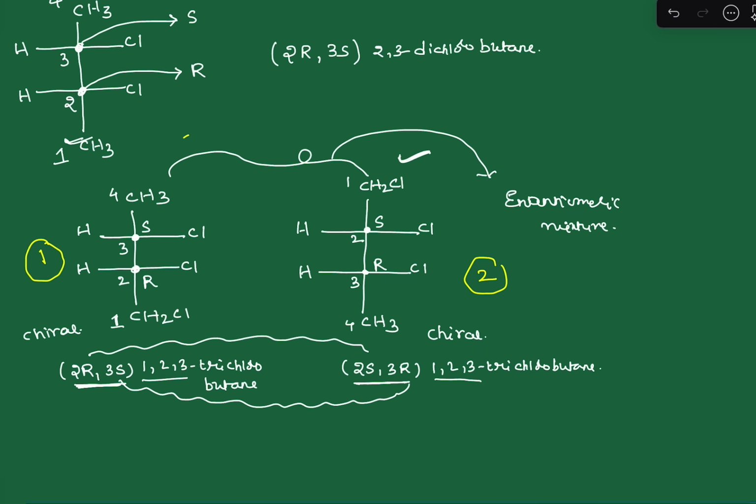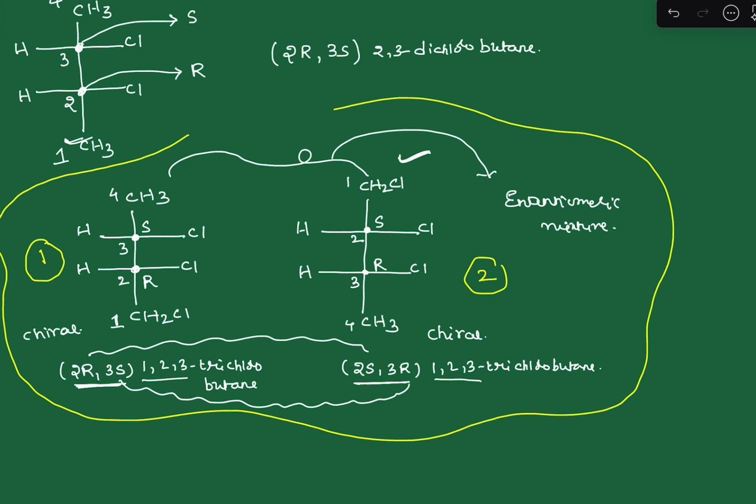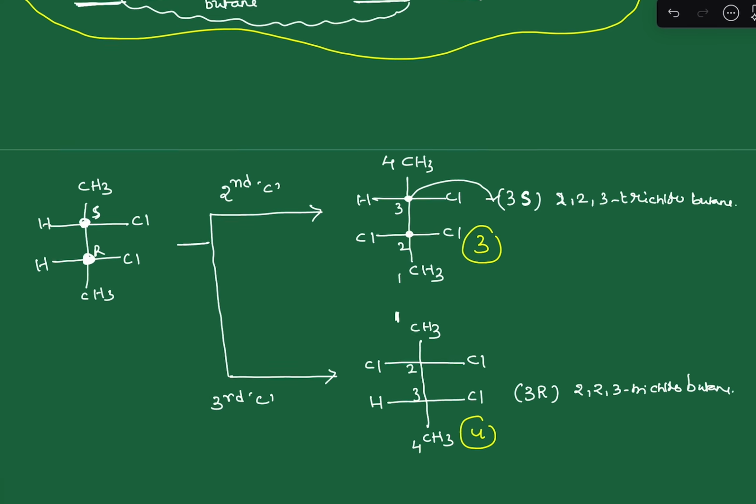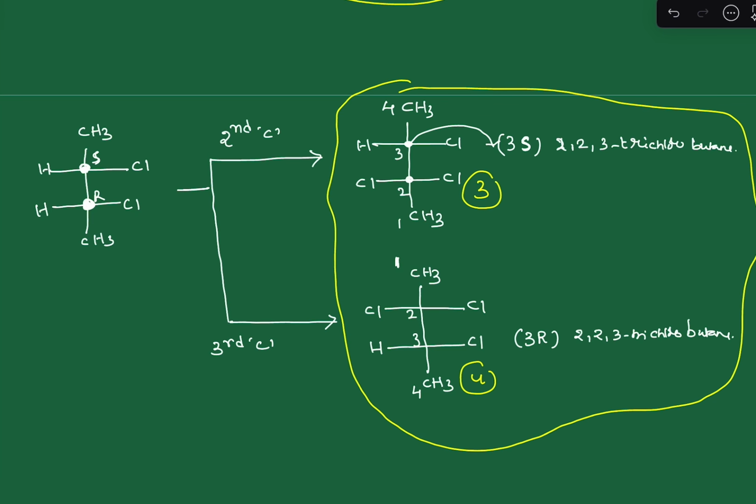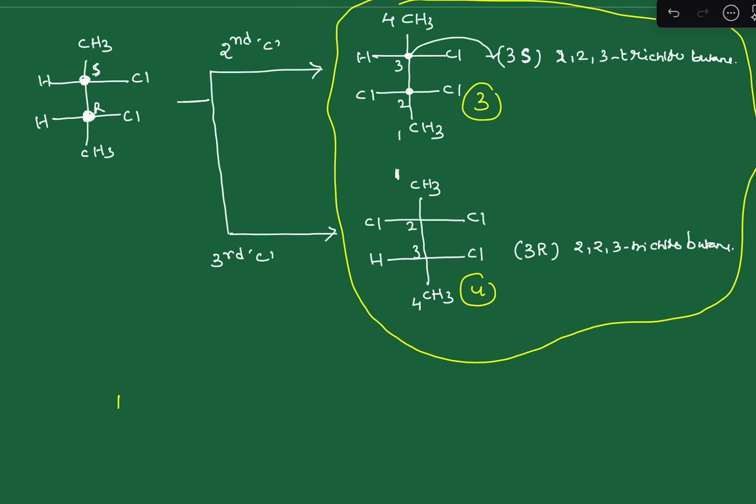But if you see, these two compounds are enantiomers. These two compounds are also enantiomers. And we have totally four compounds, 1, 2, 3, and 4. These two compounds, enantiomers, have the same physical properties.